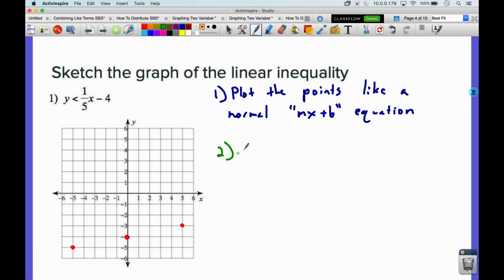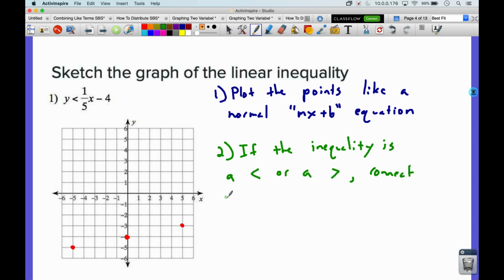Step 2, if the inequality is a less than or a greater than, connect with a dotted line.